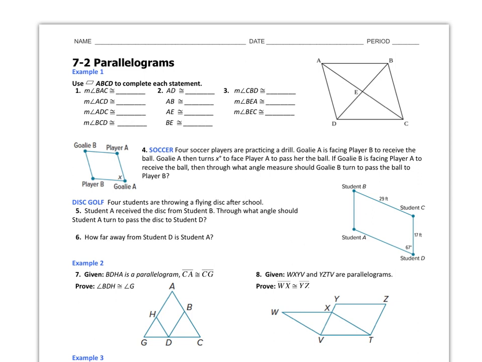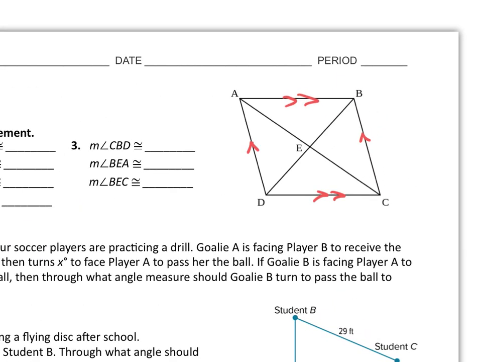things that we know, properties of parallelograms, is that my opposite sides are going to be parallel. Some other things that we came up with, the opposite sides are going to be congruent.